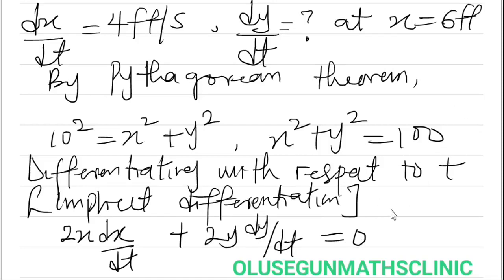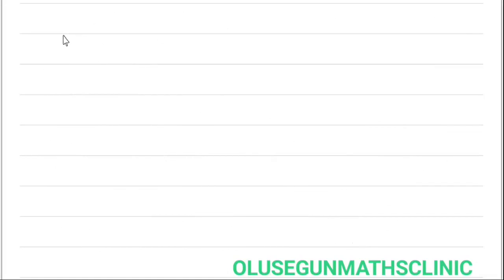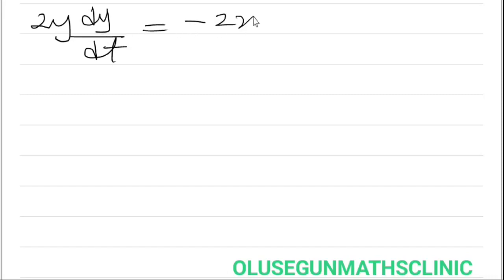So now, let's try and make dy/dt the subject of the formula. We have 2y dy/dt is equal to minus 2x dx/dt.